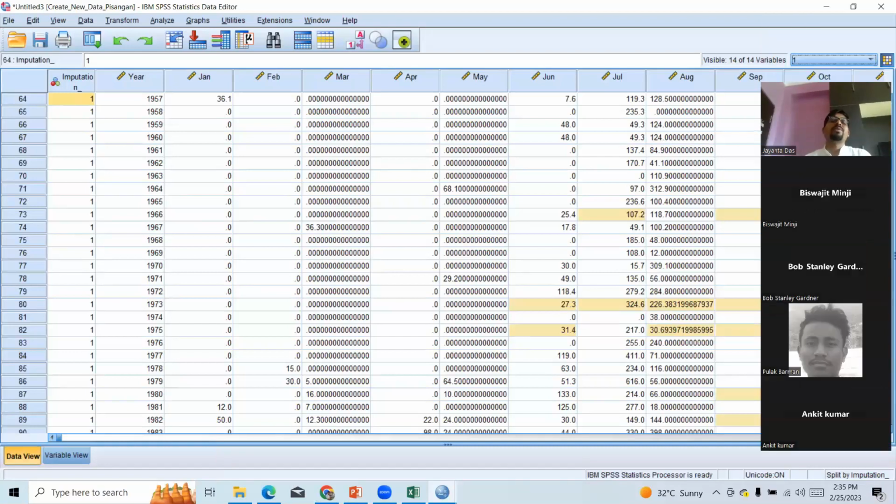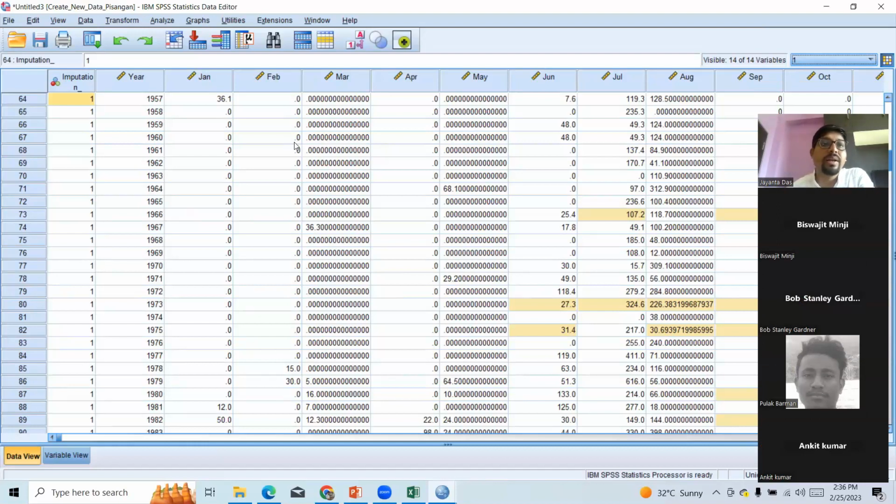For this purpose, you have to calculate other statistics like t-test, like other tests for selecting your data set, or you can select iteration 1. Because there is a nominal missing value, only less than 2%, so you can select iteration 1. Then you can export this data set, or you can use it for other calculations.